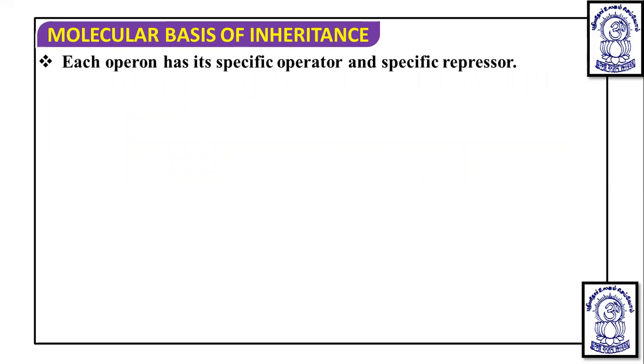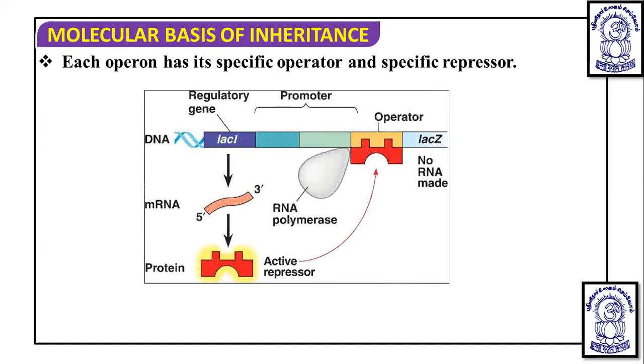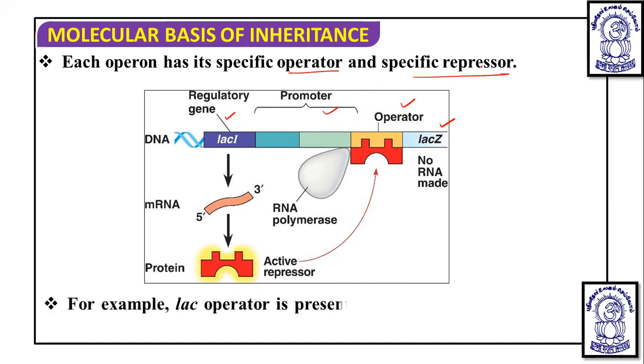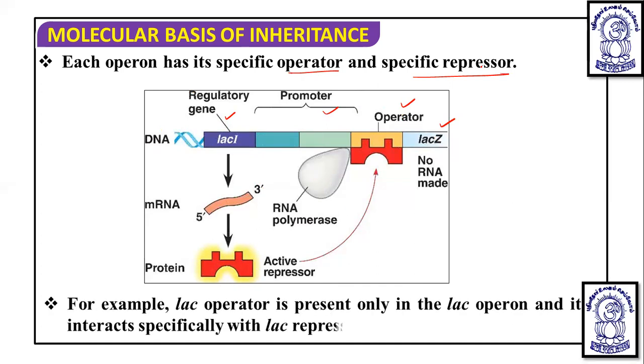Now, each operon has a specific operator and specific repressor regions. The operon is nothing but a group of genes whose functions are coordinated. So here you can see some of the genes: the regulatory gene, this is the lacI, then this is the promoter region, then the operator region, and then the structural genes. For example, the lac operator is present only in the lac operon, and it interacts specifically with the lac repressor only. Here you can see this is the operator region and this is the regulatory gene.